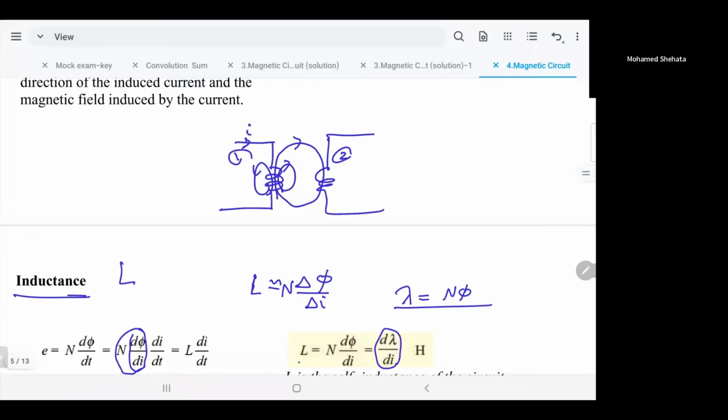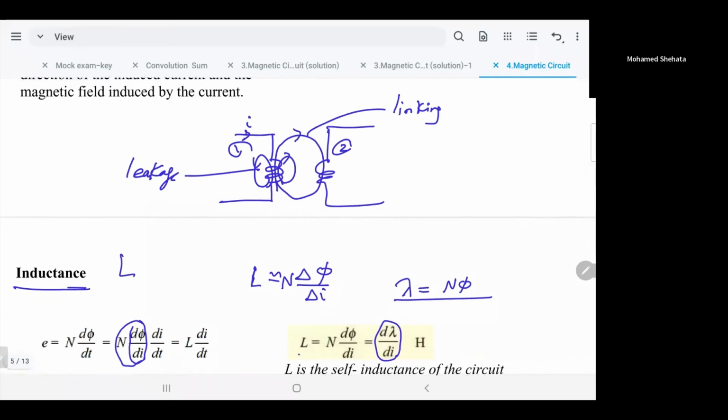That's the linking flux. The one that is not linking is not useful. We're losing it. That's the leakage flux. So it's important for us to have the linking one, the one linking both coils.